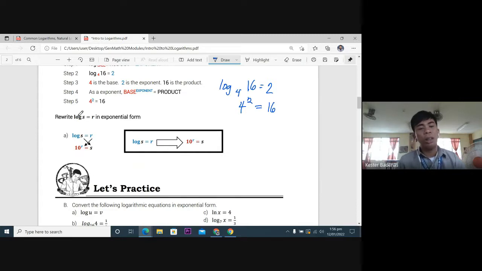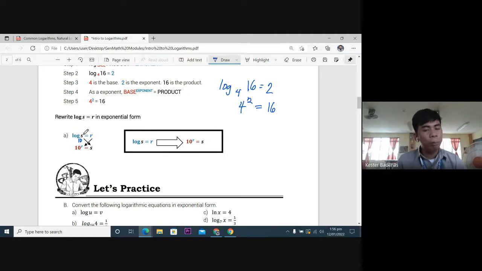Next example. So we have logarithm of s is equal to r. Tapos gagawin natin siyang exponential form. So we have log s. Ano nga ba yung base ng log s? Dahil walang base, so that would be 10, 'di ba? So 10 raised to r is equal to s.